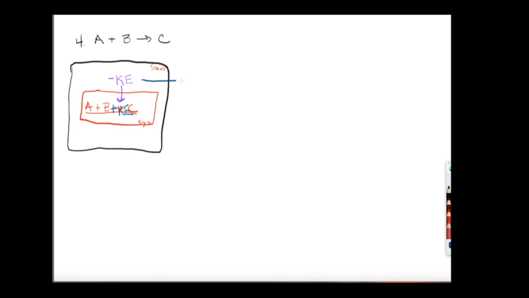Well, for the surroundings, since the kinetic energy is leaving, this process is going to be exo, right? It's going to be exothermic. The energy is moving from the surroundings into the system in order to drive the reaction. And the system, because it's gaining energy, is going to be endo.